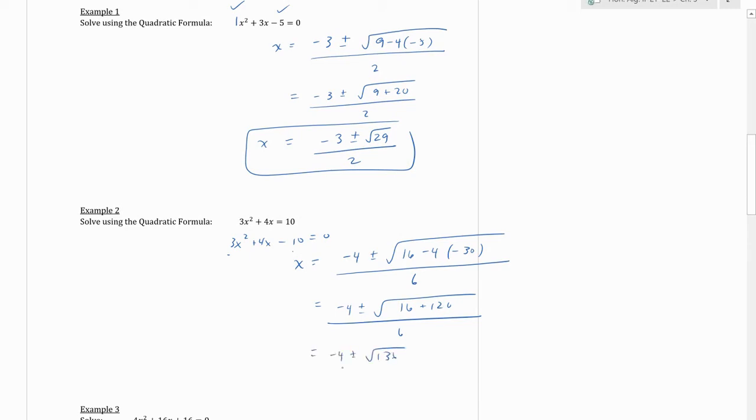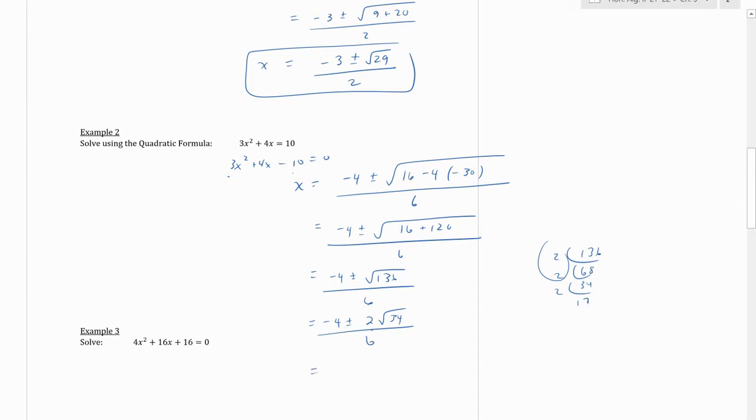That's what, 136. 136, what can I do with that? And make it 2 and the square root of 34, all over 6. But I can reduce it and get it to there.